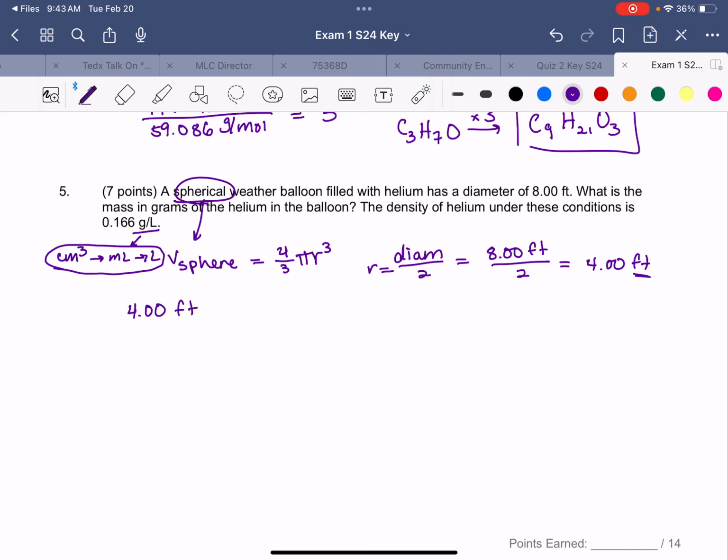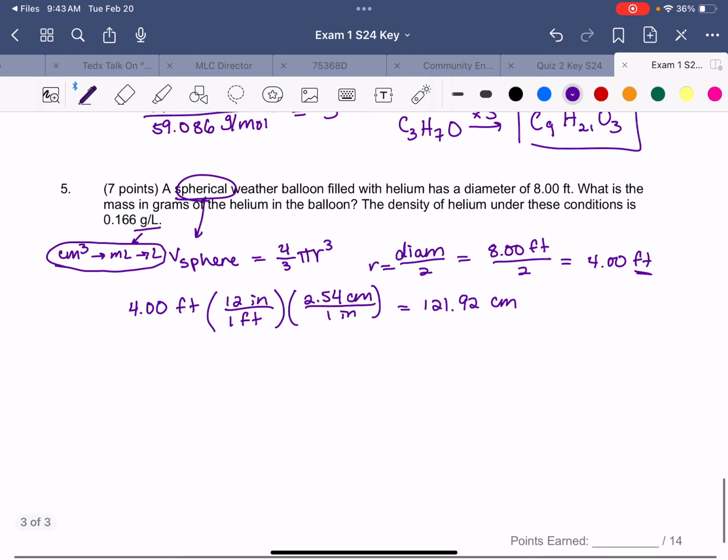If you did that after finding the volume, that is also fine, but you have to make sure to cube your conversion factors, and not everybody was able to do that. So that's just a good reminder to pay attention to your units and label them. So I got the radius in centimeters, and doing that conversion correctly was worth 2 points, either before or after you do your cubing.